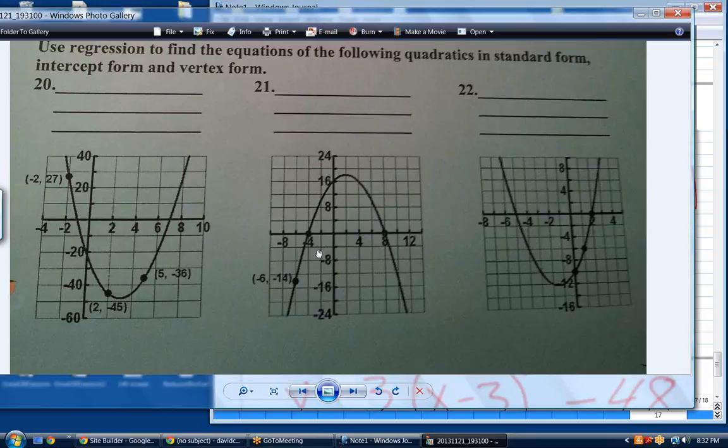That's going to factor into x plus 4 times x minus 8. But we're going to find this with regression. In other words, you're going to enter the table just like we did and do stat analysis, do quadratic regression. It's going to give you an A, a B, and a C.